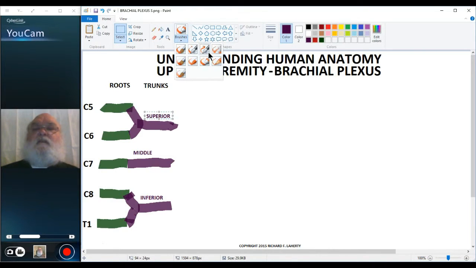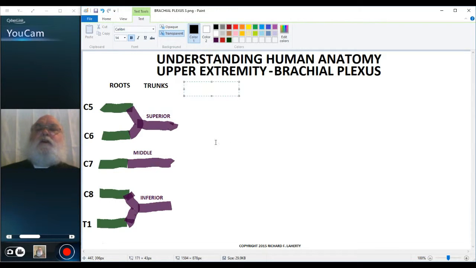Next, each trunk will divide into an anterior and a posterior division.